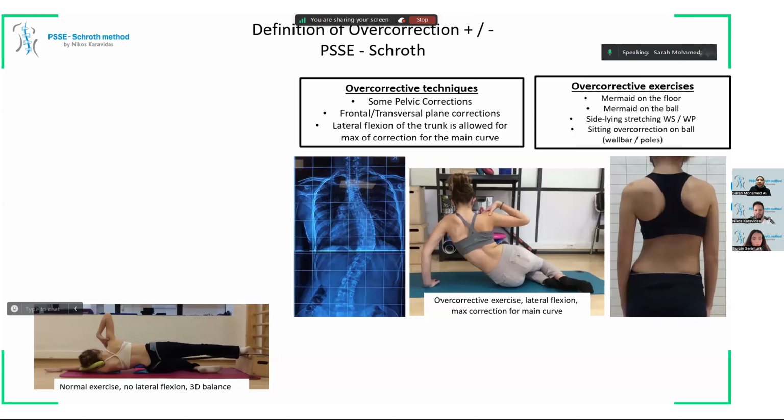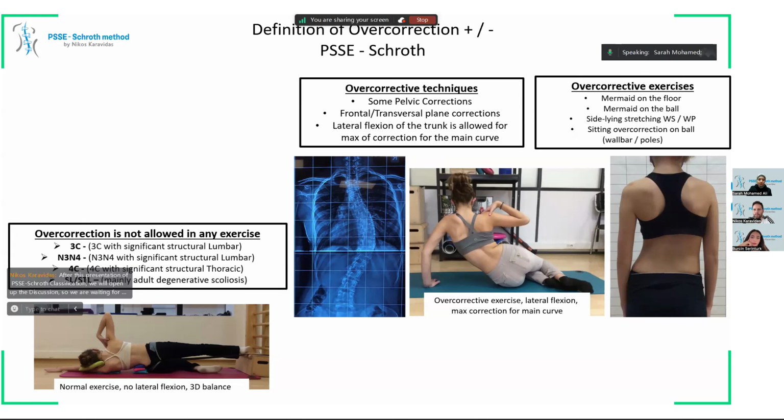Okay. Second, we have overcorrective techniques. Overcorrective techniques could be applied in the normal exercises and in the overcorrective exercises. In the normal exercises, we correct some pelvic corrections, frontal and transversal plane corrections, and lateral flexion in case I'm doing an overcorrective exercise.